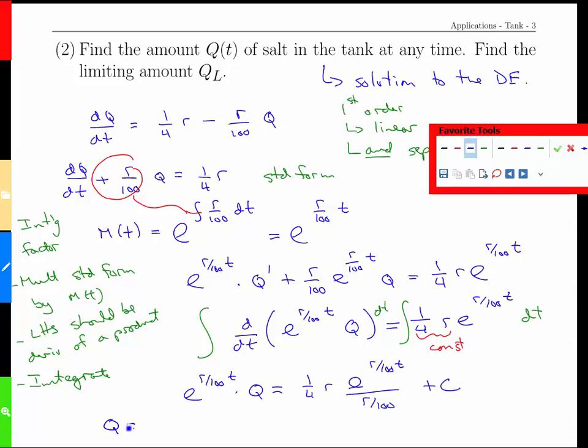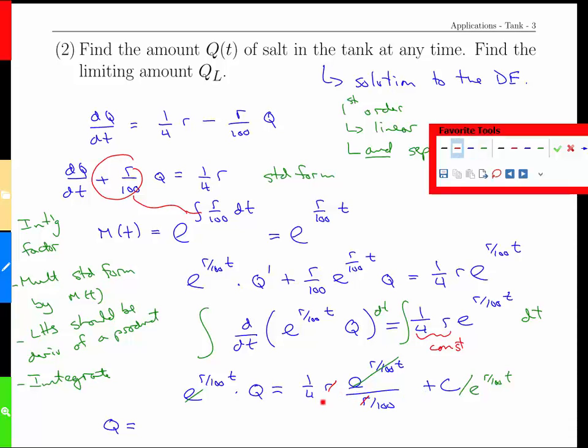That leads to our general solution, which will be Q. We're going to divide through by this exponential, and if we're careful, dividing through will cancel this, and I'm going to have a 1 over that for the constant term. We're going to rewrite that a little bit.